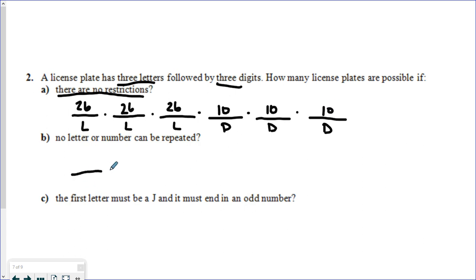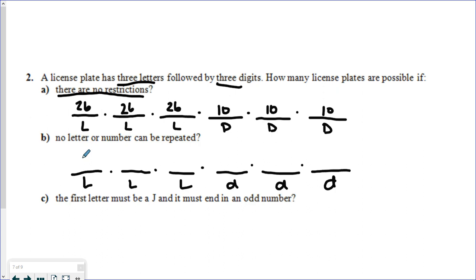The next one says no letter or number can be repeated. That's similar to the PIN question we had previously. We still have letters in the first three and digits in the second three. There are 26 possible letters that can go in the first place, but once we have put a letter here, we can't have the same in the second spot.